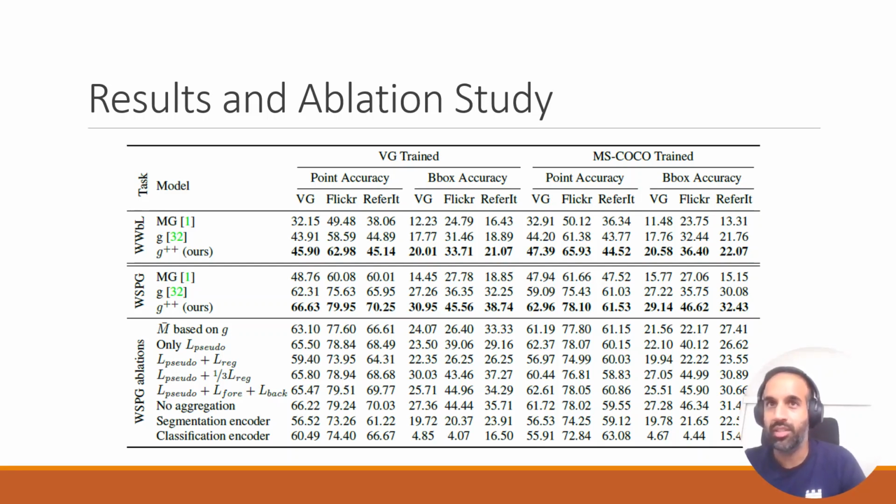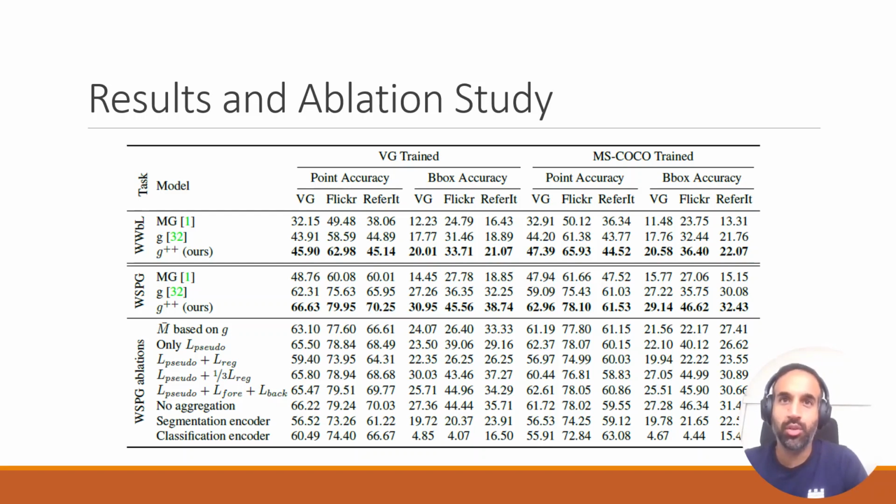So here we can see that the fine-tuning also improves the performance compared to the heuristic. We also examined the impact of each loss term, and we can see that we need all the terms in order to improve the performance and achieve state-of-the-art performance.